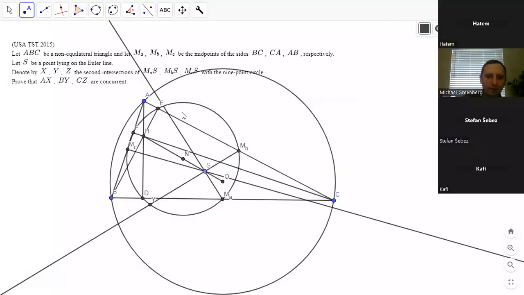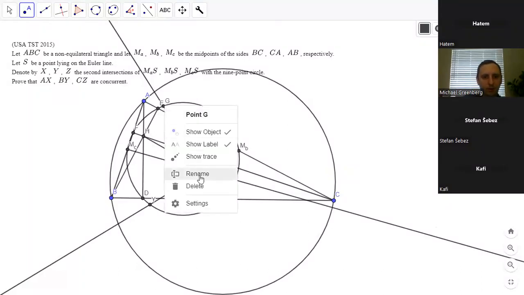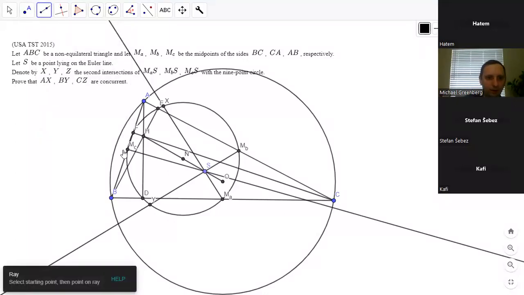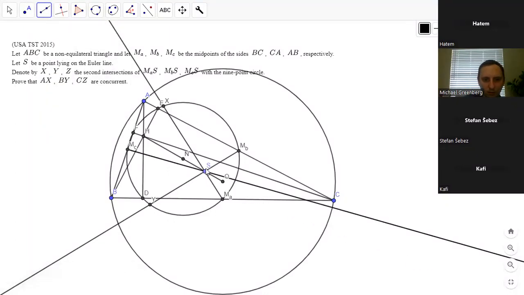By the way, does this remind me of something we did with Steinbart's theorem? I don't know if any of you remember that video on Steinbart's theorem. I don't know if this is the same concept.